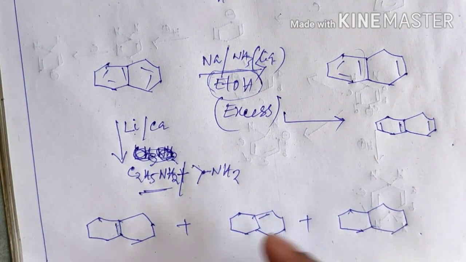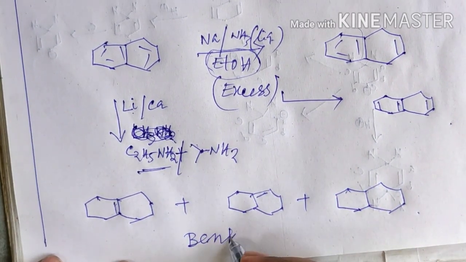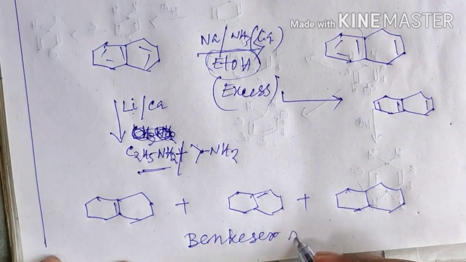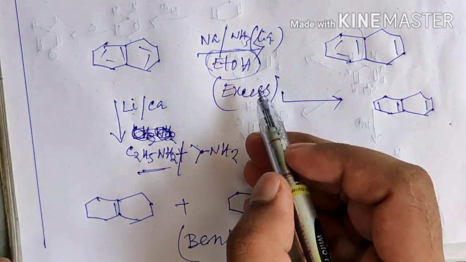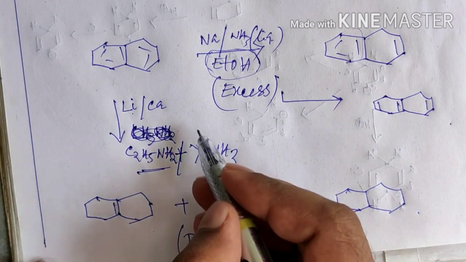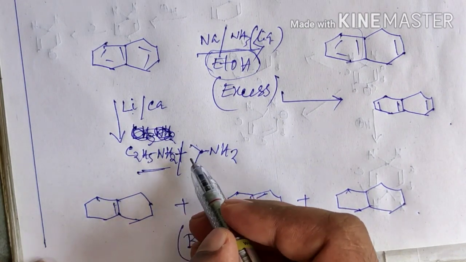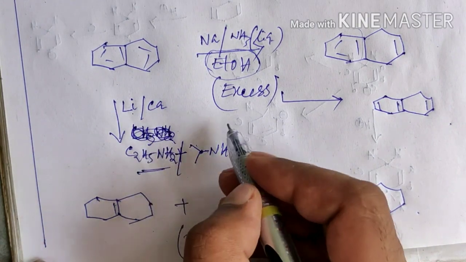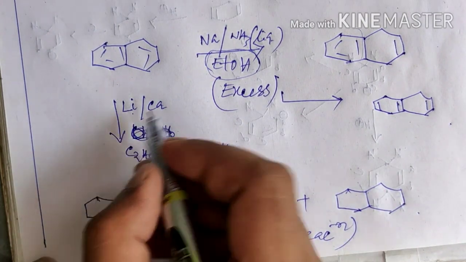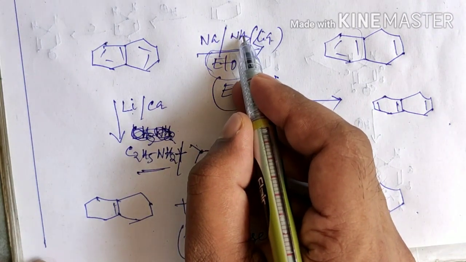This reaction is known as the Benkeser reaction. It is a modification of the Birch reduction. The advantage of this reaction is that we don't have to use another proton source, and this reaction can be performed at a higher temperature than the boiling temperature of liquid ammonia.